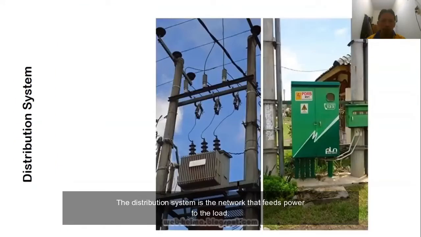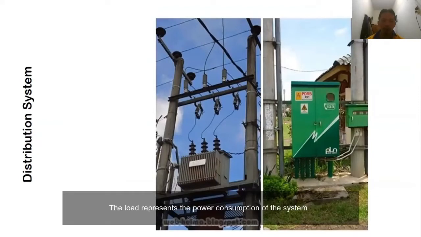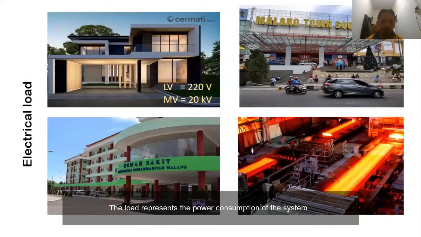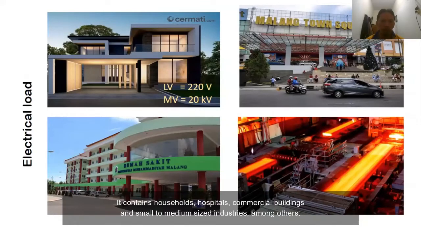The distribution system is the network that feeds power to the load. The load represents the power consumption of a system. It contains households, hospitals, commercial buildings, and small to medium-sized industries, among others.